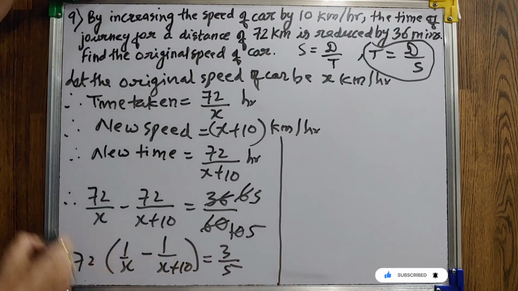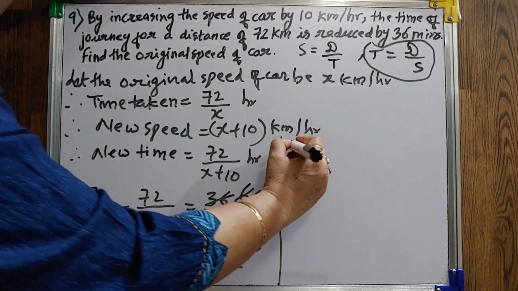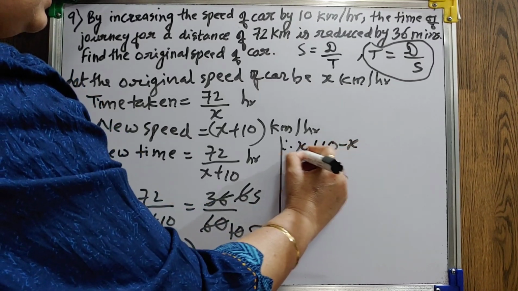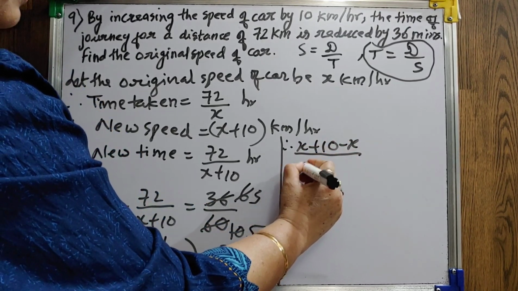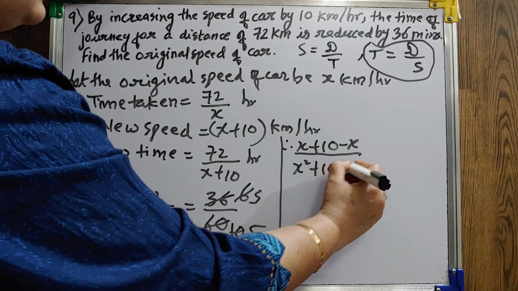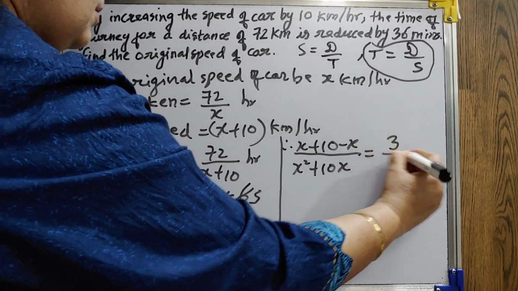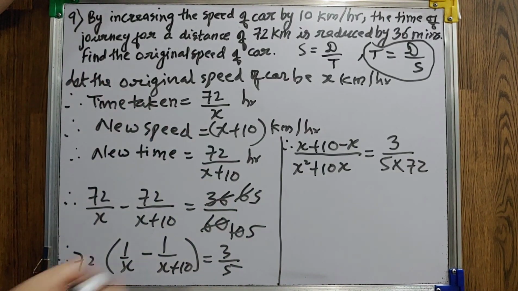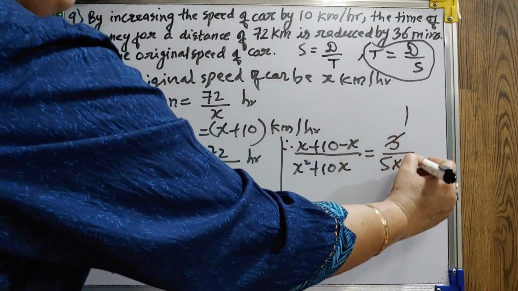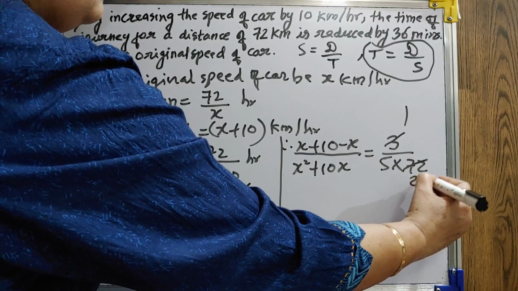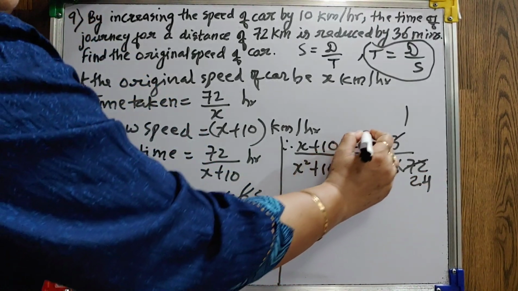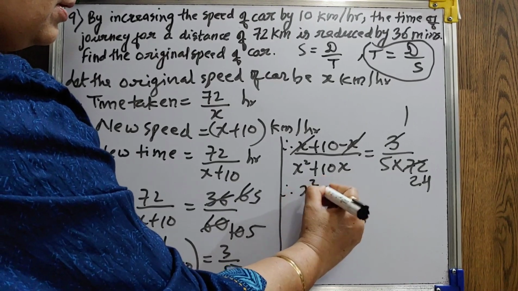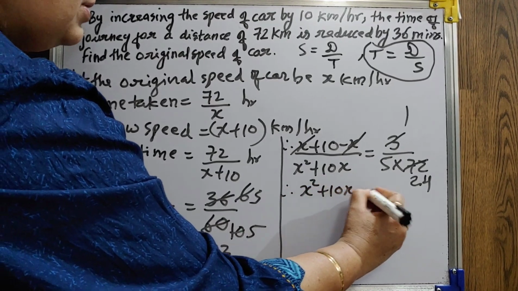Now, transfer 72 to that side, cross multiply here. x plus 10 minus x upon x square plus 10x is 3 upon 5. 72 gets transferred here. x cancels. When you transfer, you will get this equation.